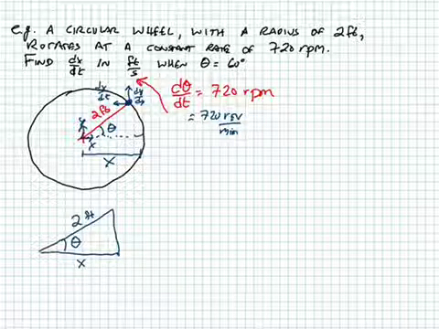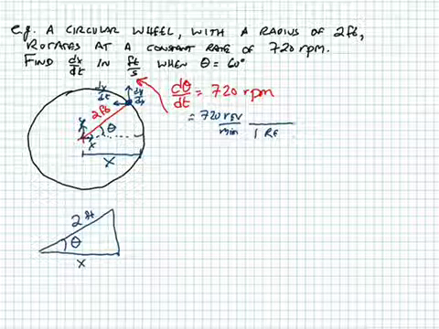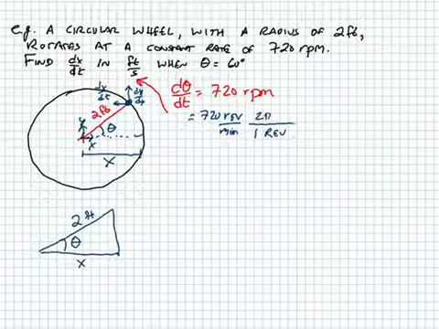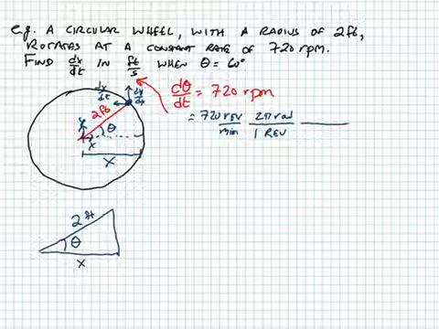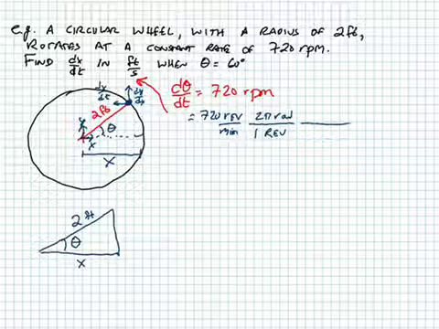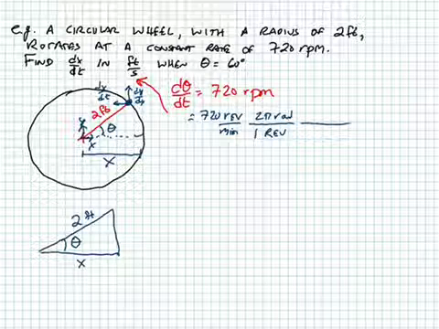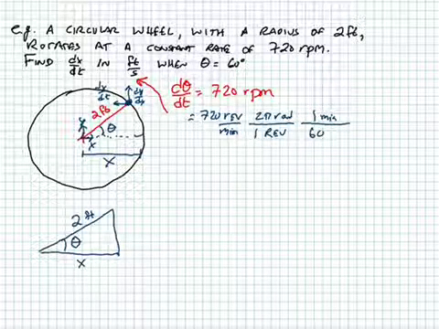So the first unit conversion is, I know that 1 revolution of a circle is 2 pi radians. And the second conversion is I need to convert my time. If we were asked to find dx/dt in feet per minute, I wouldn't have to change the time. But in this case, I have to change it to seconds. So I know that 1 minute is equal to 60 seconds.